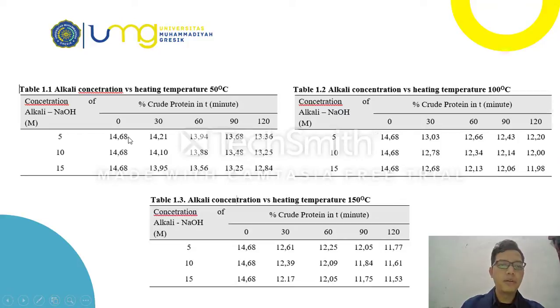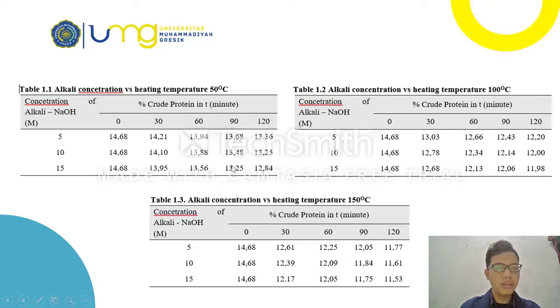See from 14.6 becomes 13.36. It means much of the crude protein content is lost. This is due to a large amount of protein content that is broken and dissolved into the sodium hydroxide solution.